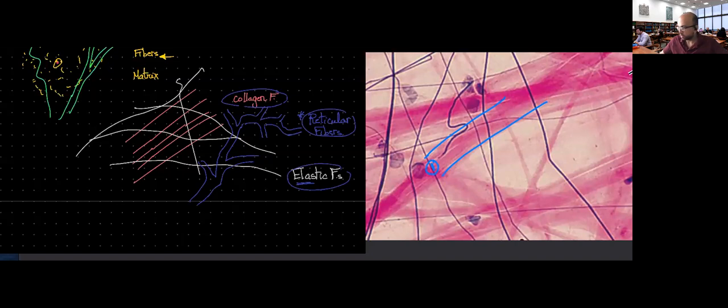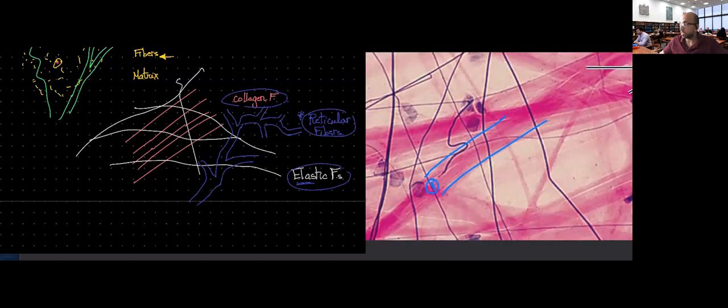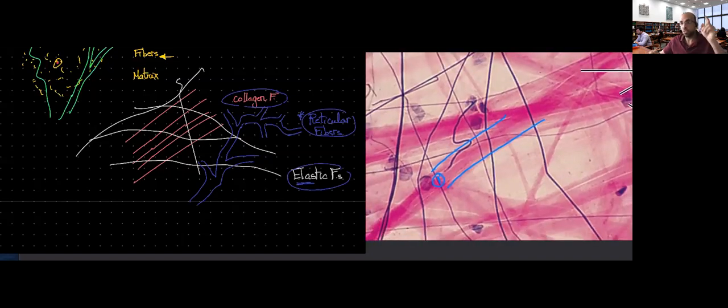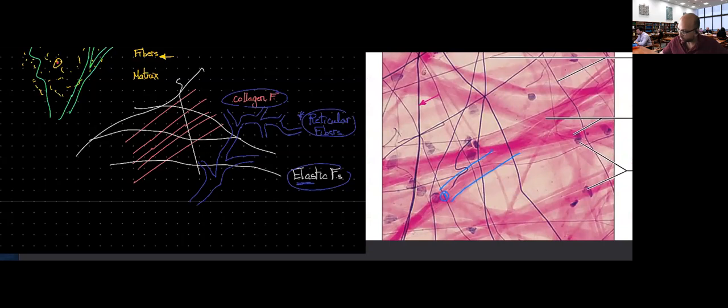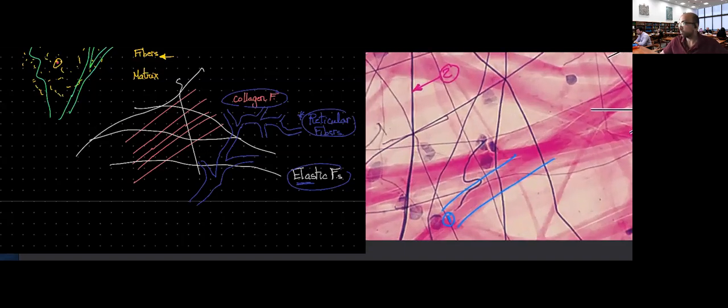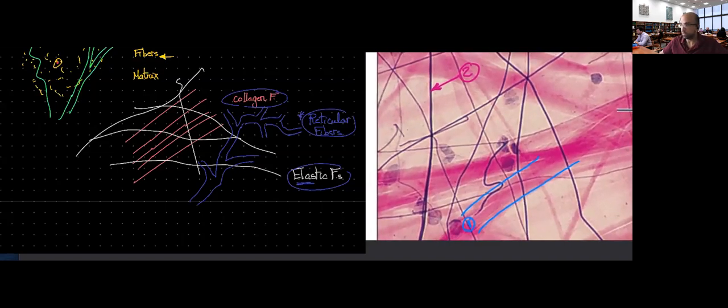So on your in-class activity sheet, please put number 1 and collagen as an answer. How about this one? See this thin, darkly stained long fiber. This is number 2. What do you think? Elastic, exactly, elastic.